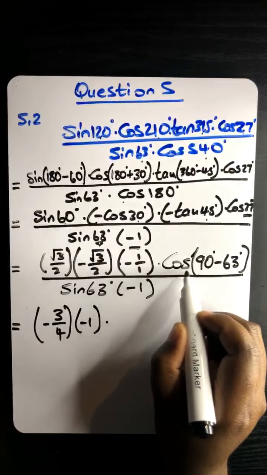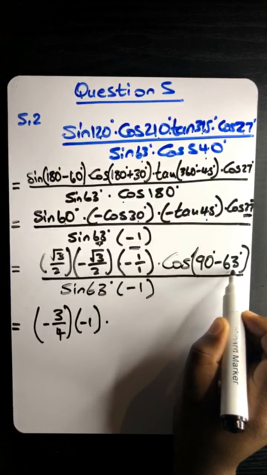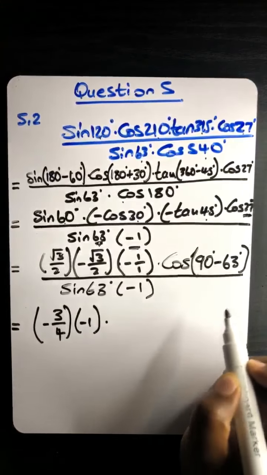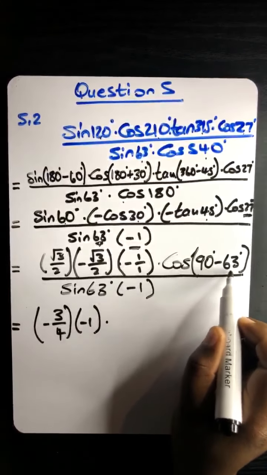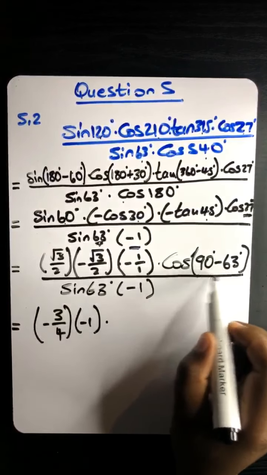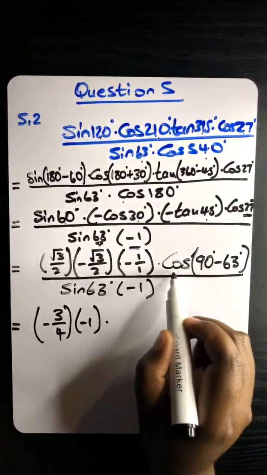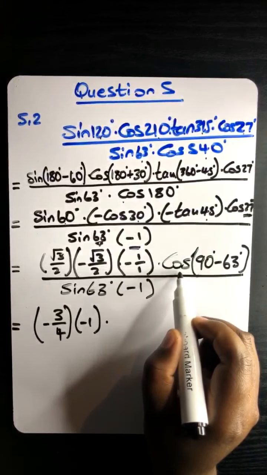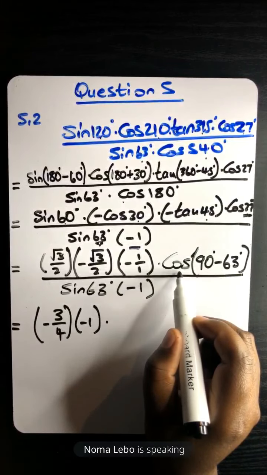What is cos of 90 minus that? Remember, 90 minus that falls in the first quadrant. In the first quadrant, is cos positive or negative? It's positive.